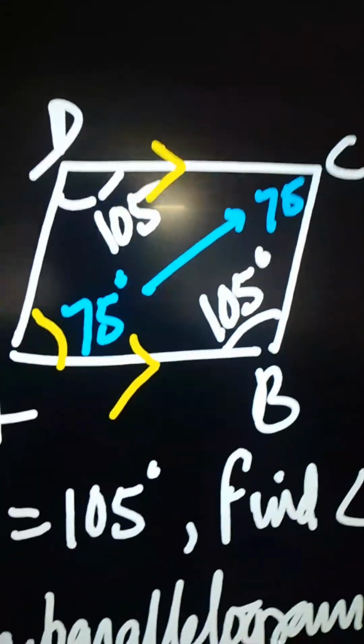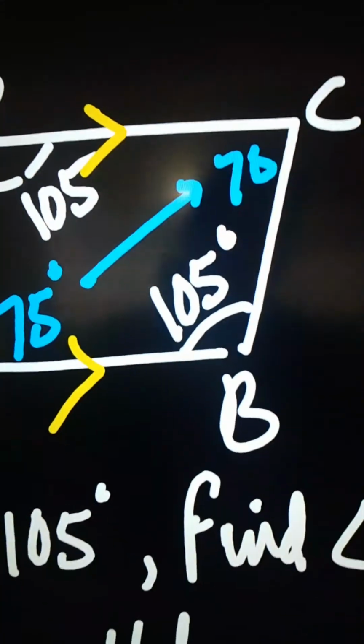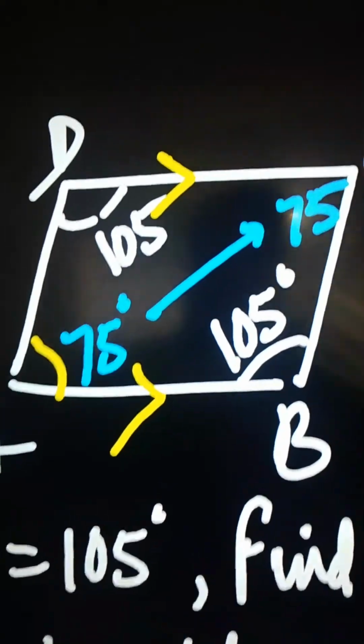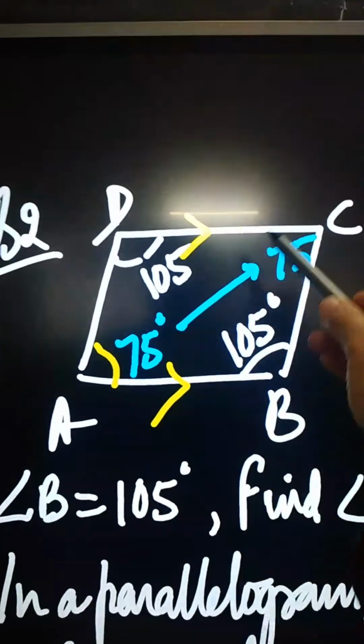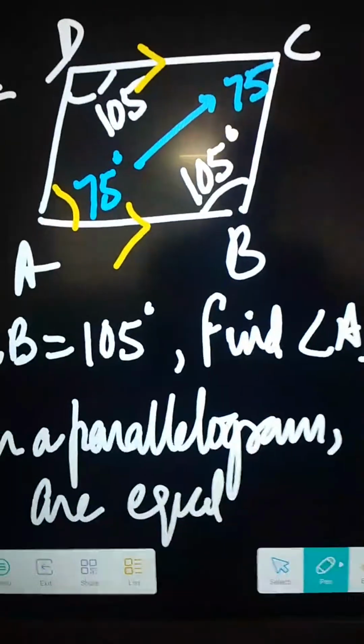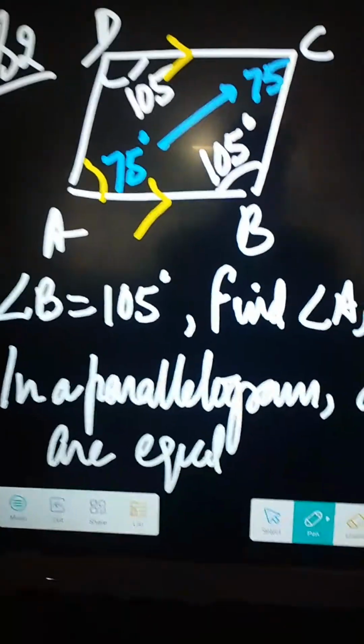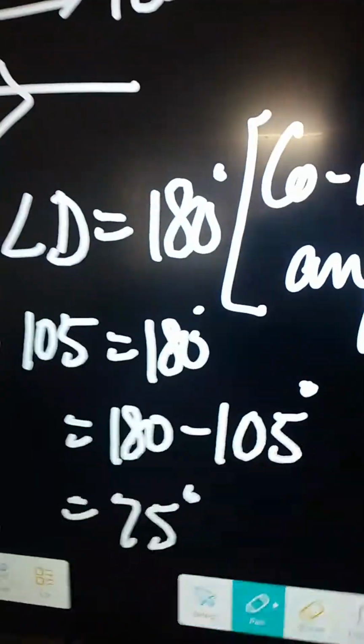We have got all the answers. So this angle will also become 75. Why will this be 75? Because of opposite angles. The first property which we used will be applied here.